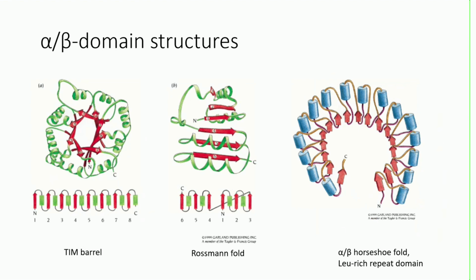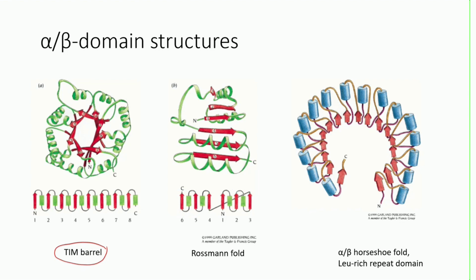As for the combination of alpha and beta domains in one protein together, we have an example of the so-called thin barrel where the beta pleated sheets are organized in the structure in turn with alpha helices.